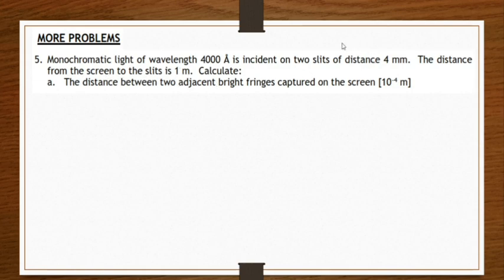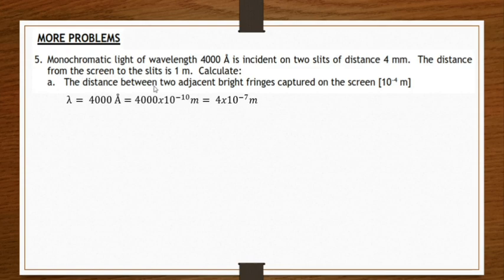So this is d, small d, and this is L. Lambda is 4000 angstrom. 1 angstrom is 10 to the power of minus 10 meters. So 4000 angstrom will be 4000 times 10 to the minus 10 equals 4 times 10 to the minus 7 meters.